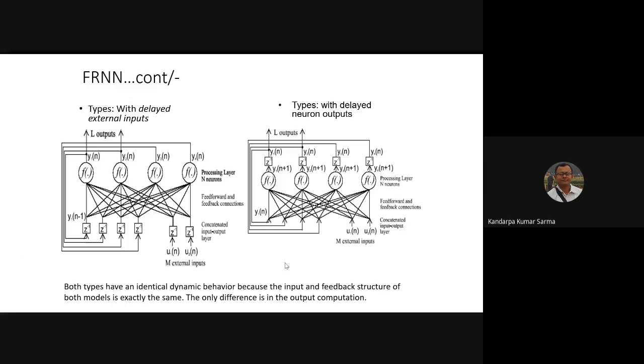Then you can have some variations of the fully recurrent neural network, where you will have delayed feeds coming from the output layer. So here are the delayed feeds. This particular delayed feed will provide greater contextual processing capability. So when the time variation is quite significant, the time dependence of a particular signal is quite prominent, then you can use these types of structures.